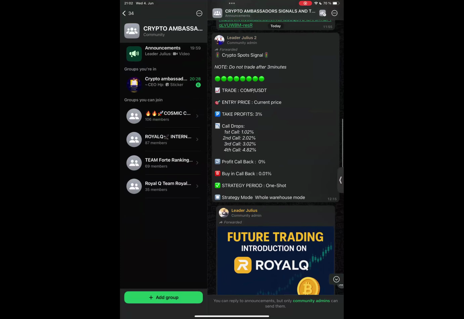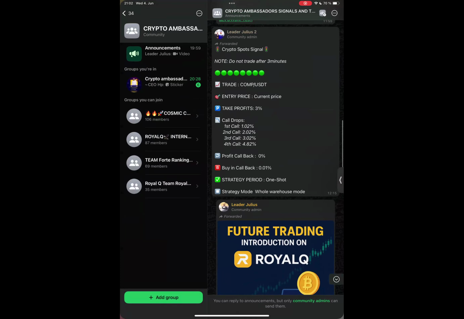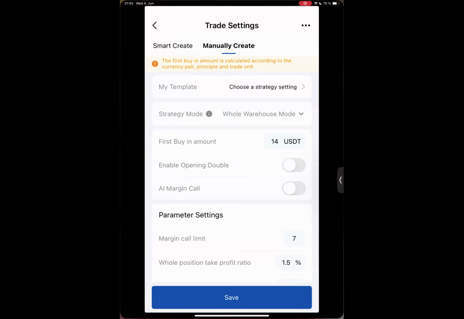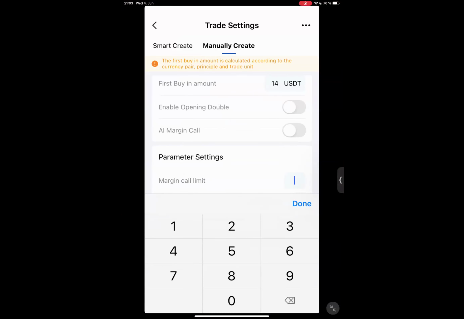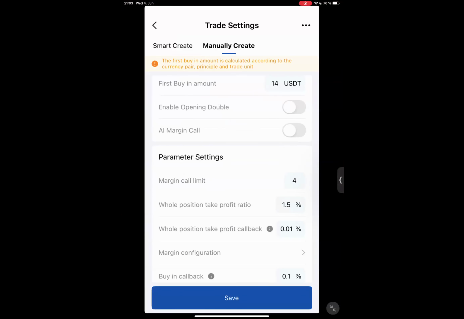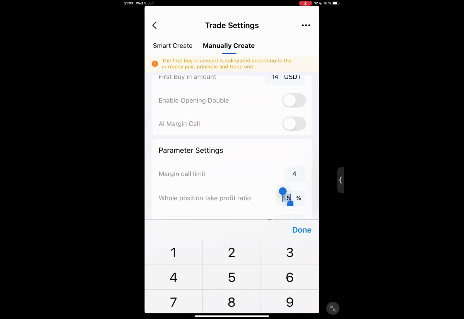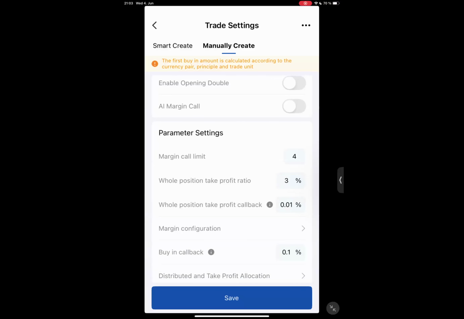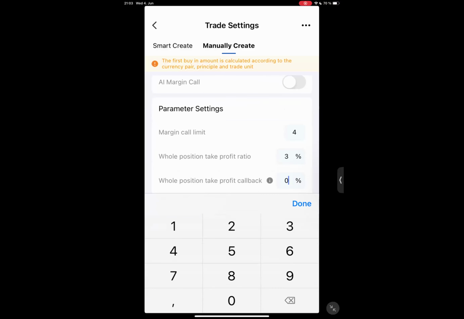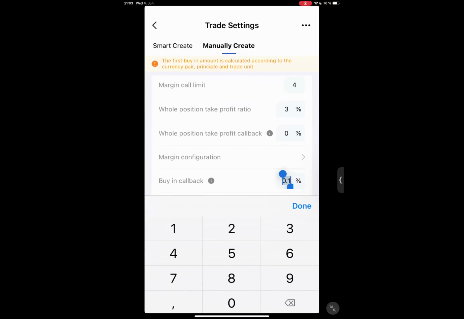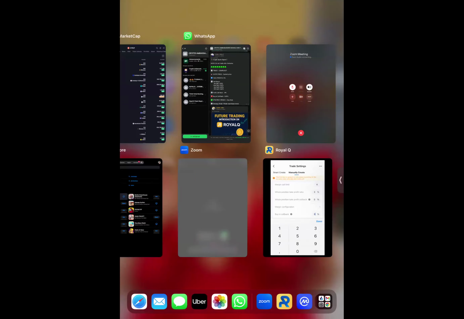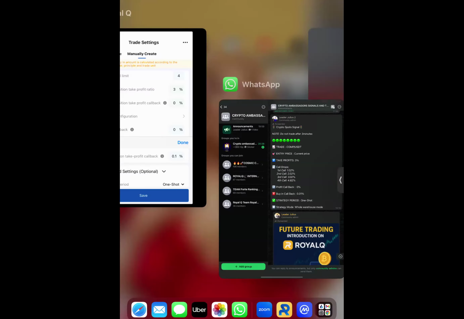Yeah, this is the signal I'm talking about. For margin call, it means it's going to be on whole warehouse mode. I cannot change the mode. Then the take profit has to be 3%. Then take profit callback 0. Then buying callback says, what did it say? 0.01. Yeah.